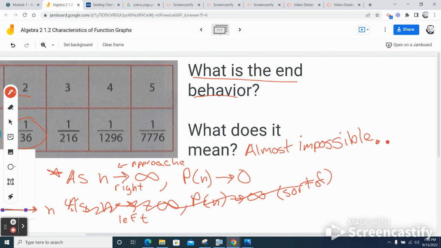And one last thing, when we're talking about probability, this is not related to the lesson, but I want you to think about this. This is saying that you would have to roll the dice 7,776 times, and out of that many times, you would expect to get all 5 fives once.